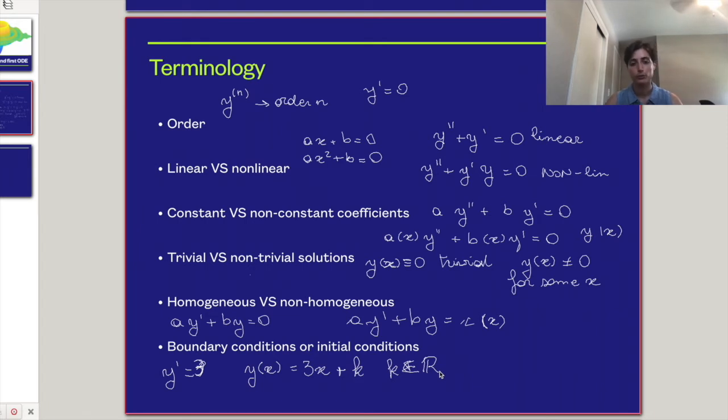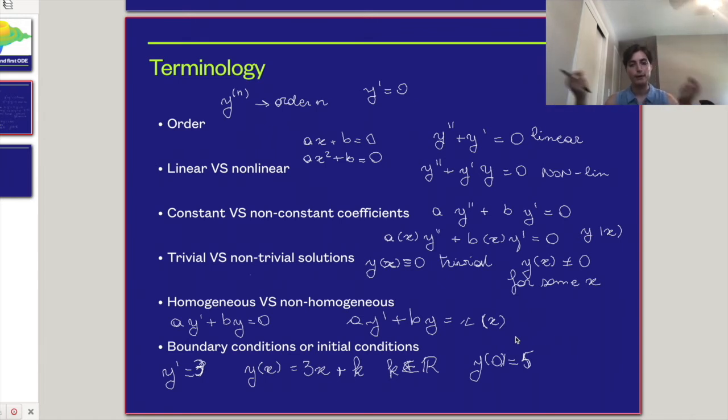In order to avoid that, we have to say something about one moment in time for y. So we can say that y at 0 has a value that we know about. y at 0 might be 5. That fixes our constant k, and then we have only one unique solution. This is an initial condition because we assume x to start at 0 and go on.